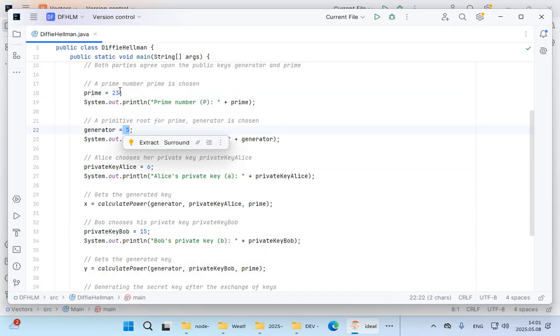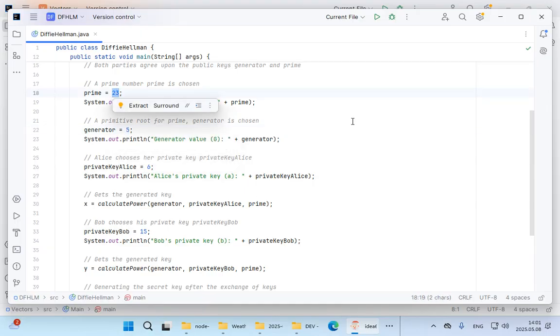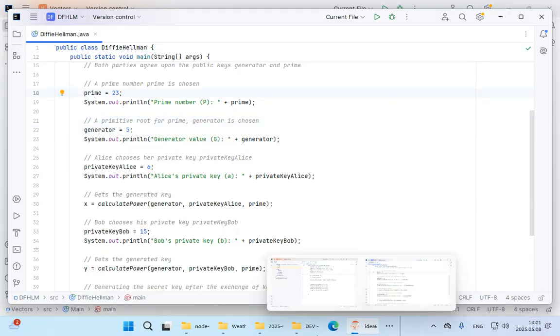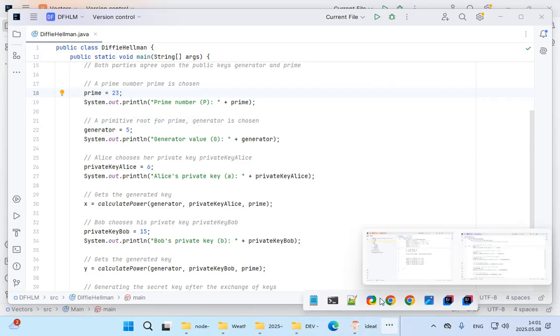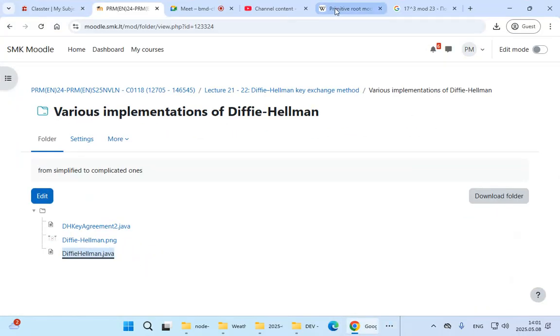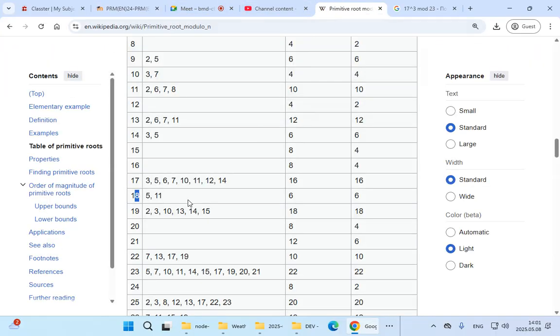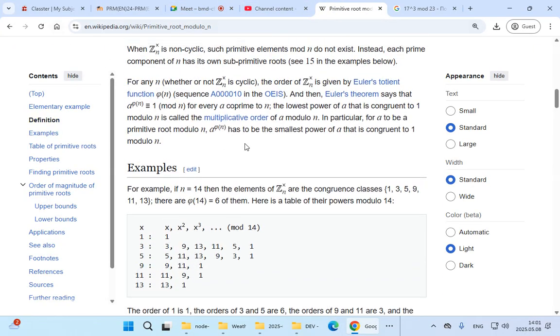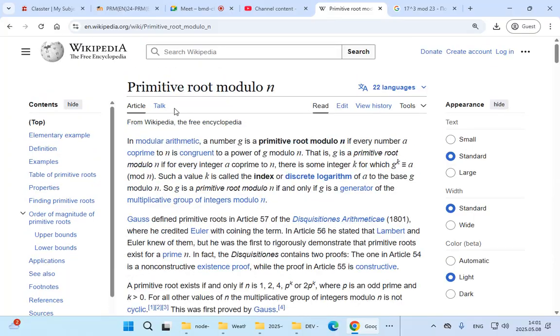This should be a prime number, and you have to take it from the table. You have to know which are these, because there is one special condition: the generator should be a primitive root modulo the prime number.